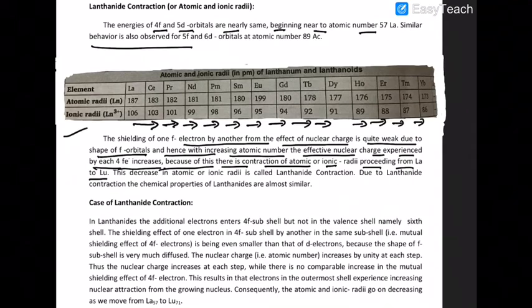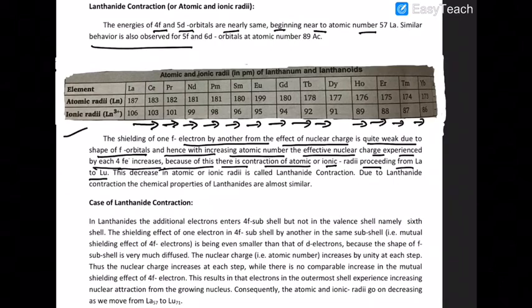But due to high electron density in the sub-level, the electronic repulsions are large, and due to that the 4f electrons are not able to shield their valence electron in an effective manner.